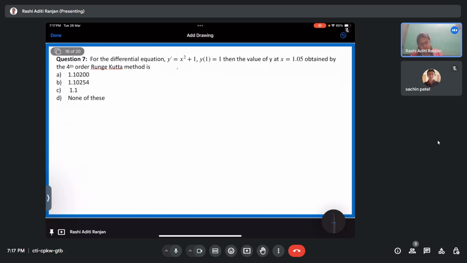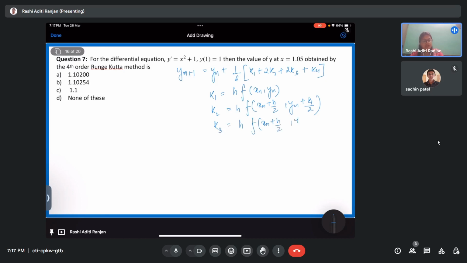My RK4 method says that if yn is already known to me, then I can compute yn+1 as yn plus 1/6 times (k1 plus 2 times k2 plus 2 times k3 plus k4), wherein k1 is h into f of (xn, yn), k2 is h into f of (xn plus h/2, yn plus k1/2), k3 is h into f of (xn plus h/2, yn plus k2/2), and k4 is h into f of (xn plus h, yn plus k3).